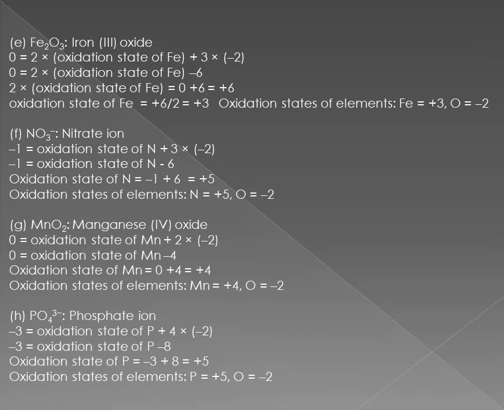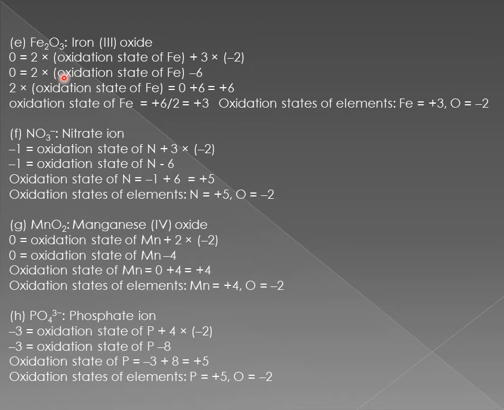Next, iron(III) oxide, Fe2O3. 0, this is the charge of the species, equals 2 times the oxidation state of iron, because we have 2 atoms of iron, plus 3 atoms of oxygen times -2, the oxidation state of oxygen.